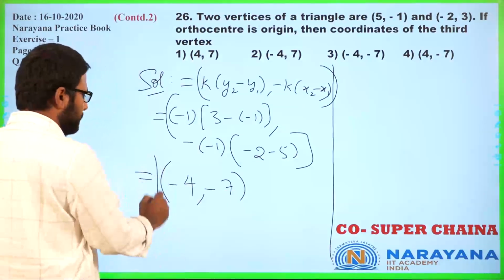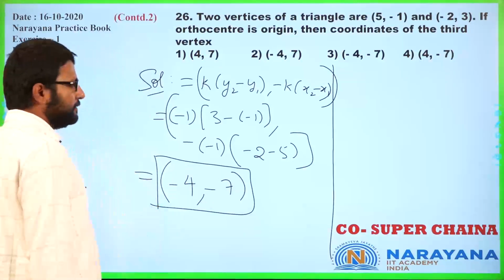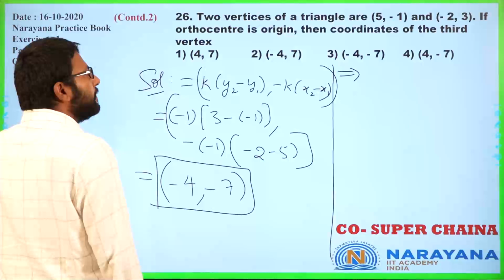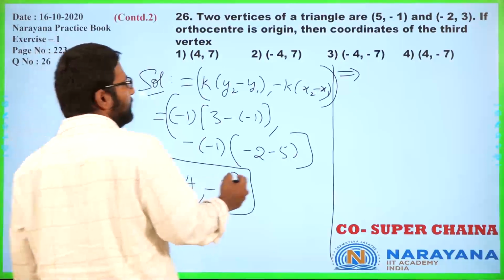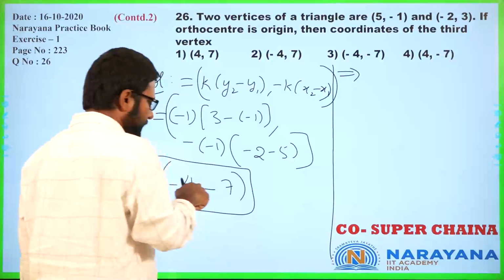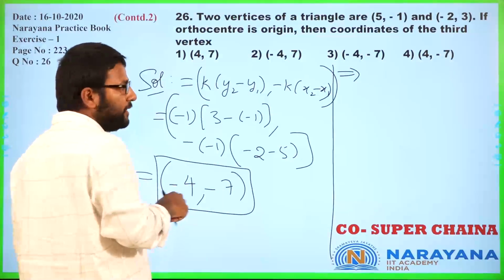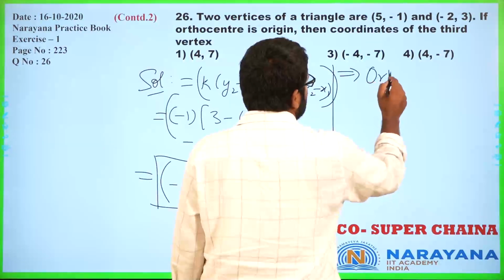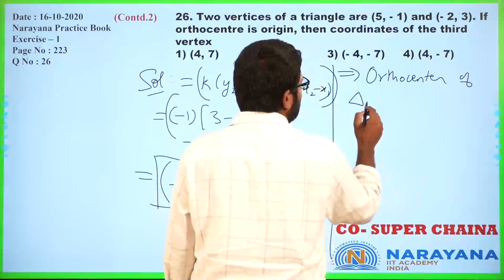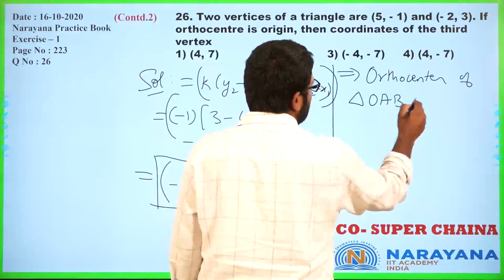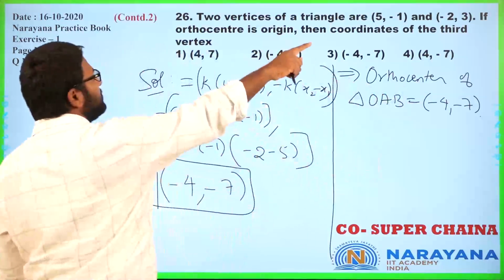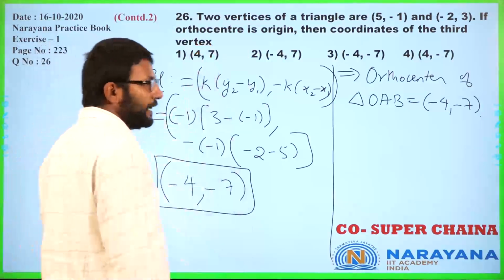Got it? So yes, which means this is the orthocenter of triangle OAB, which is minus 4 comma minus 7. But they have asked what is the third vertex?